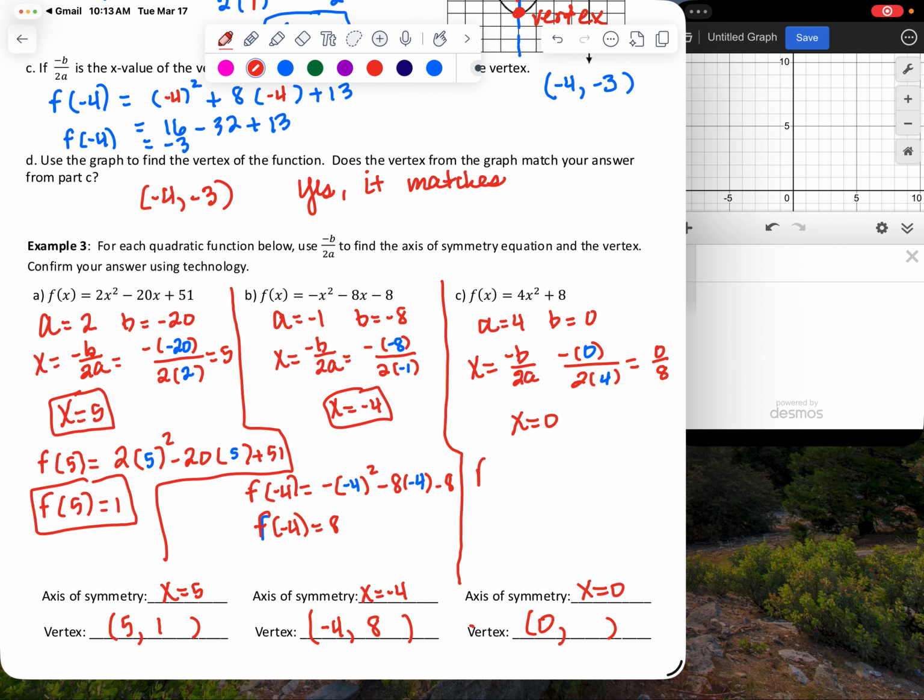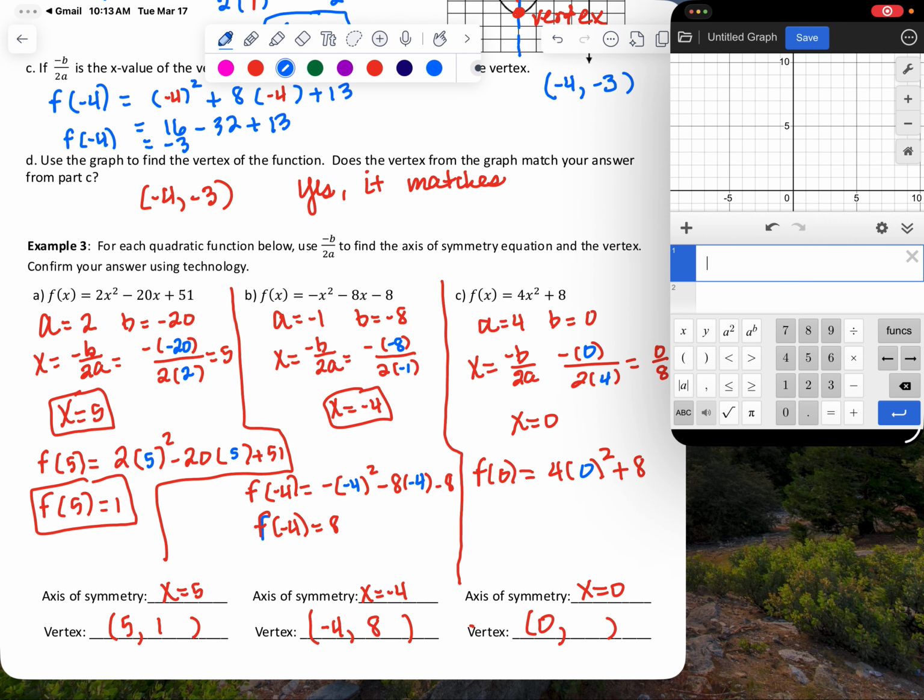So when I evaluate this function for f of 0, I get 4 parentheses squared plus 8, and I plug in a 0. So let's do that on my calculator. 4 parentheses 0 parentheses squared plus 8. And that gives me 8.